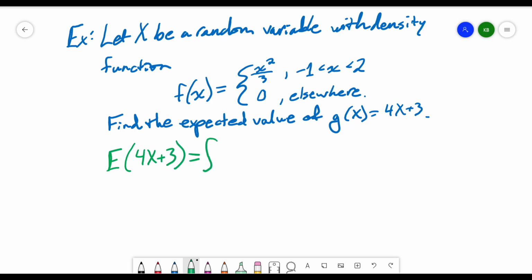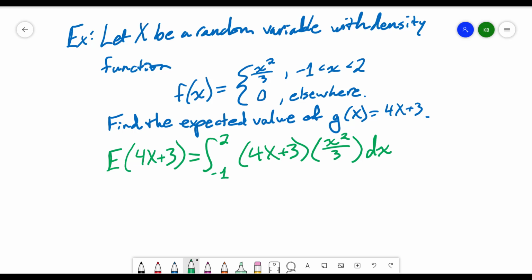So we'll take the integral from negative infinity to infinity of g of x, 4x plus 3, times x squared over 3, our f of x value, dx.